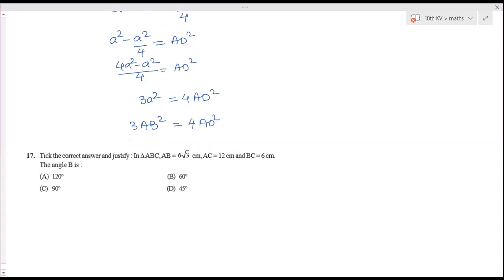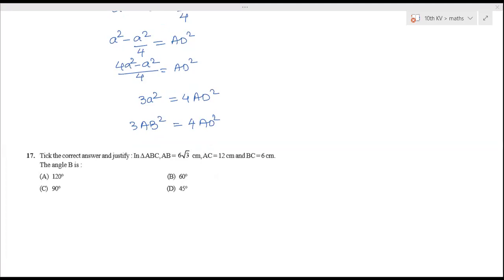Find the sum of squares of AB square and BC square, and find AC square. Are they equal? Ma'am, they are equal.